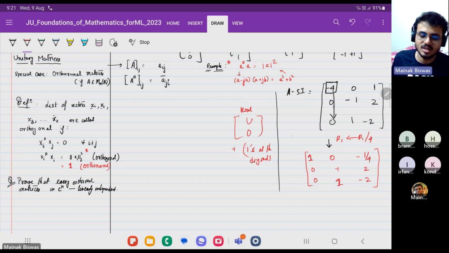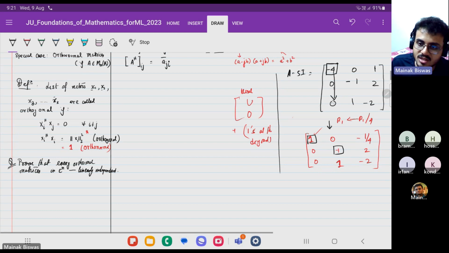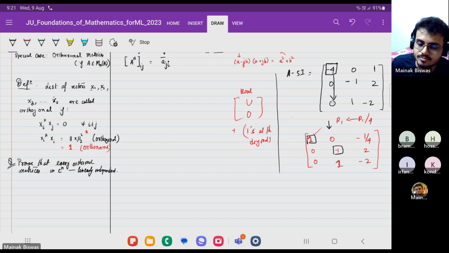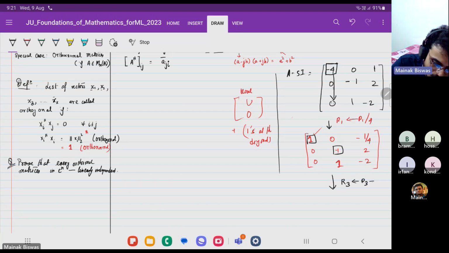Tell me now what is the step? So first column is done. So next pivot is which one? This one, right? Correct. So what will I do now? Next step. It's evident from the matrix itself. What should I do? Multiply with -1. No, not required. First try. Yeah, row 3 equals row 3 plus row 2, and then I will do row 2 equal to -1 into row 2.